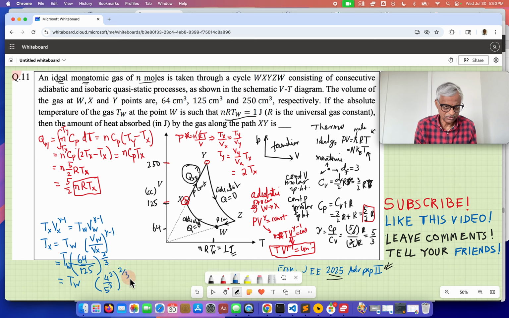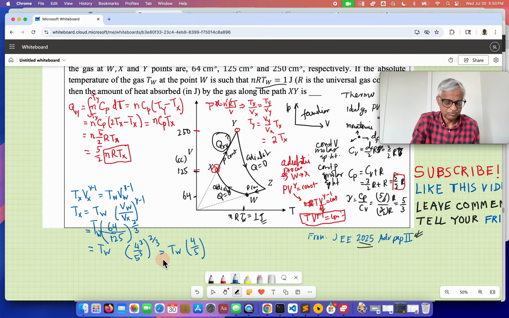So these 3's will cancel that 1/3. So Tw times 4/5. So let's carry on like that. Let's see how far it goes. It's going pretty far now. So 0.8 Tw.